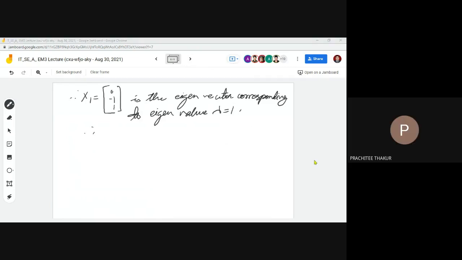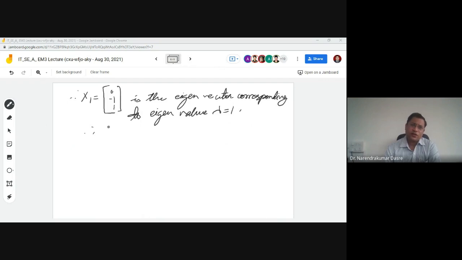There is only one vector, x1, corresponding to lambda is equal to 1. And hence we can say the geometric multiplicity of lambda is equal to 1 is 1, because there is only one eigenvector corresponding to it.